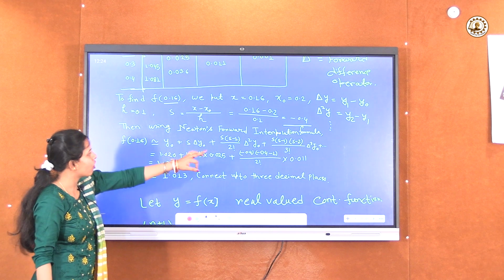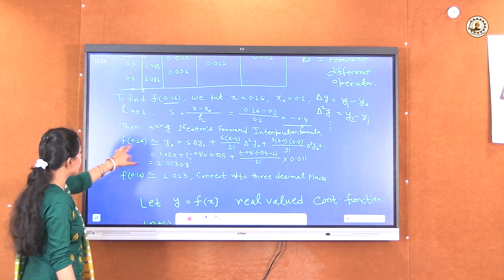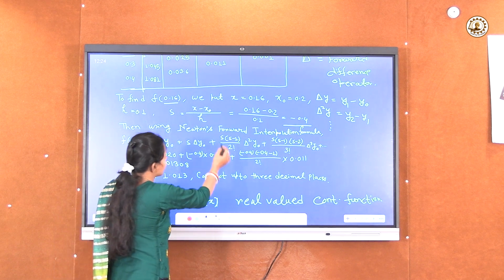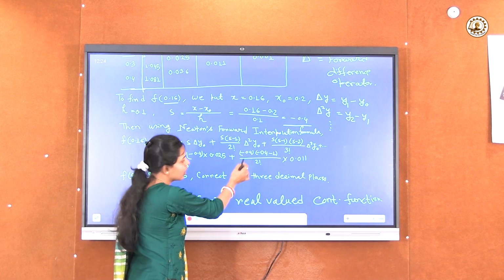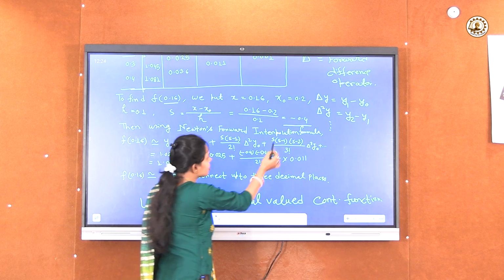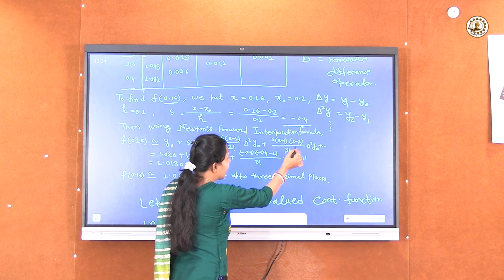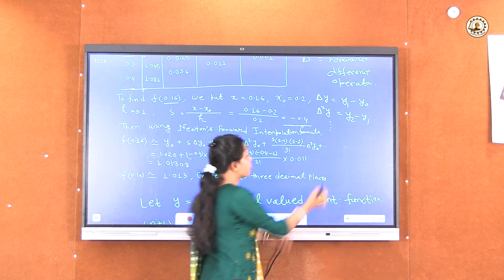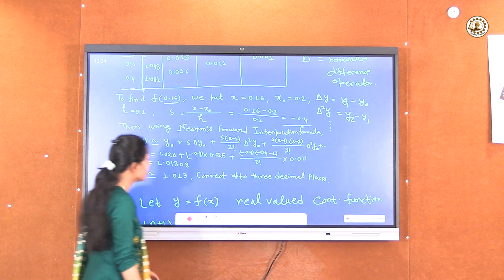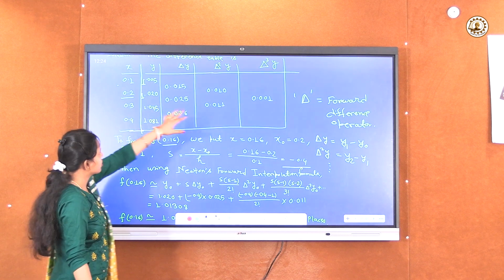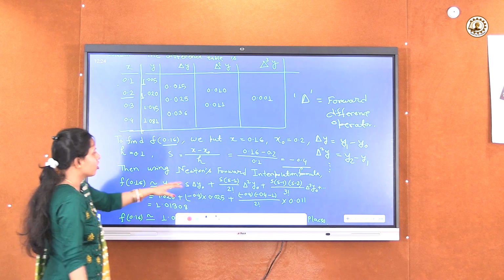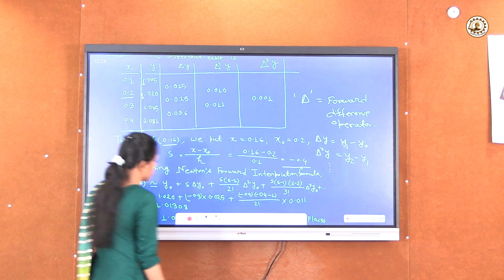Then using Newton's forward interpolation formula, f of 0.16 is nearly equal to y0 plus s delta y0 plus s(s minus 1) by 2 factorial delta square y0 plus s(s minus 1)(s minus 2) divided by 3 factorial delta cube y0, and so on up to the nth term. But here our difference table ends at the third term, so we take up to delta cube y0.